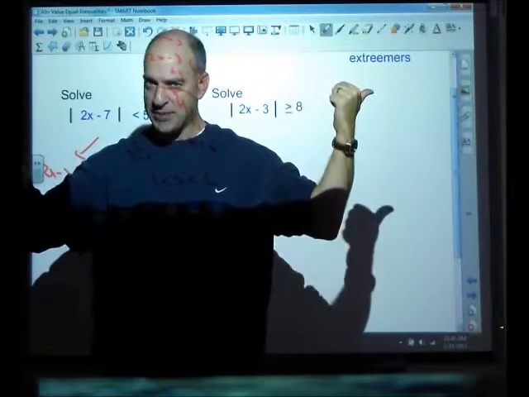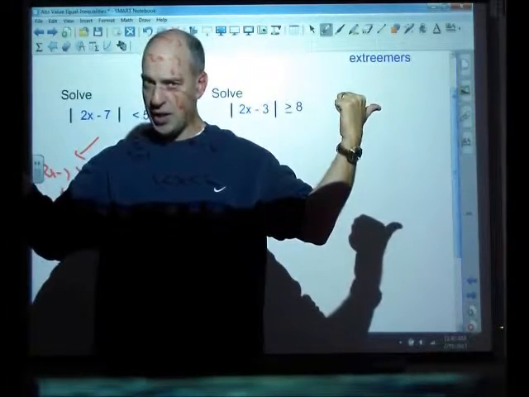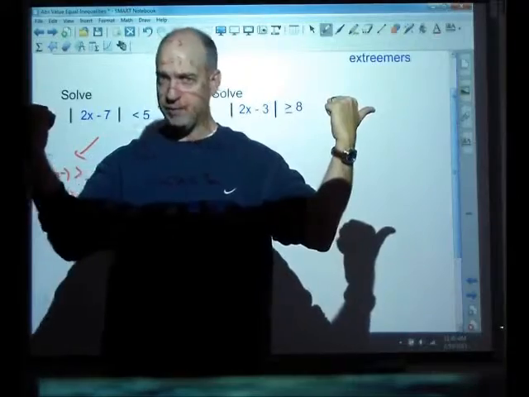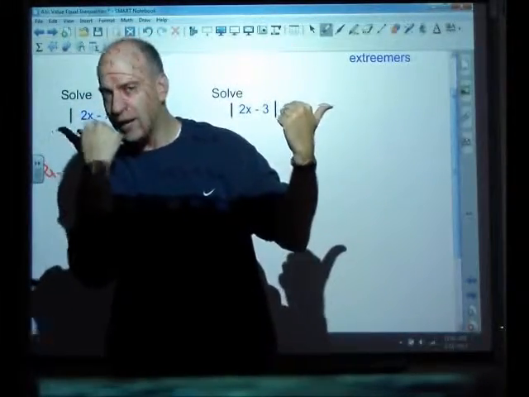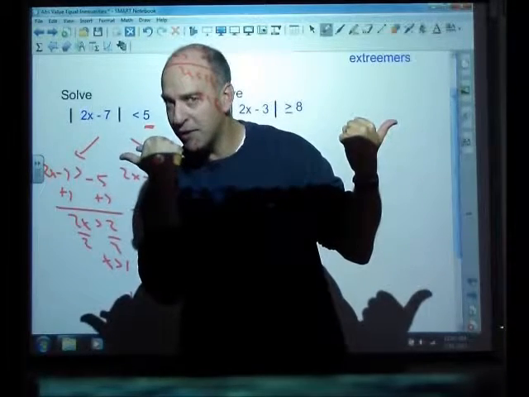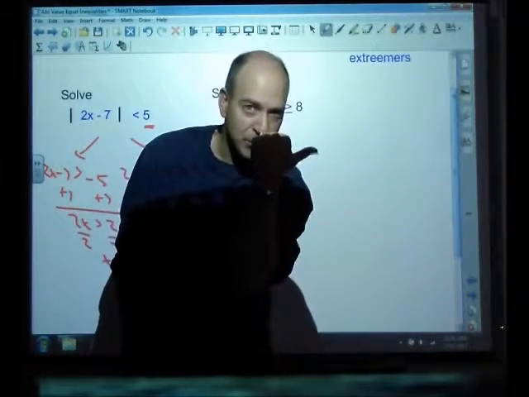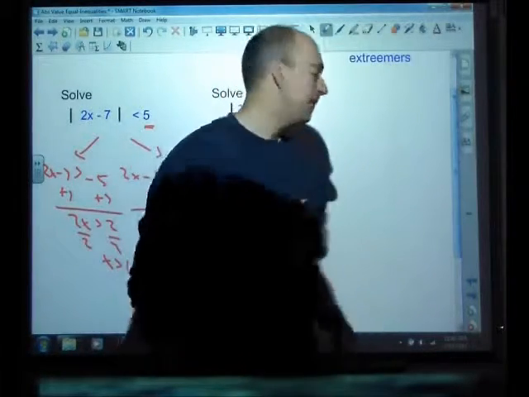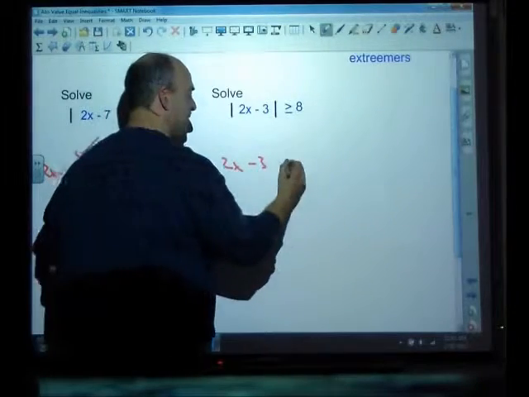So thumbs in or thumbs out? Hopefully you're saying thumbs out would be greater than, and the fist would be equal to. So if you're looking at this, this would indicate less than or equal to negative 8, and this would indicate greater than or equal to positive 8. That's what you have to be able to do. So you're going to write this down.